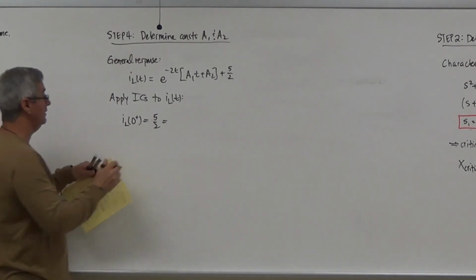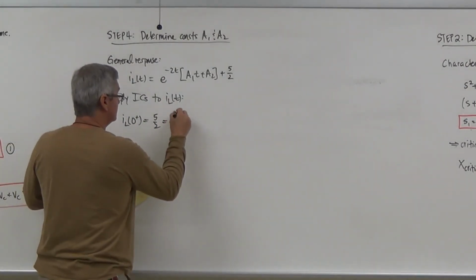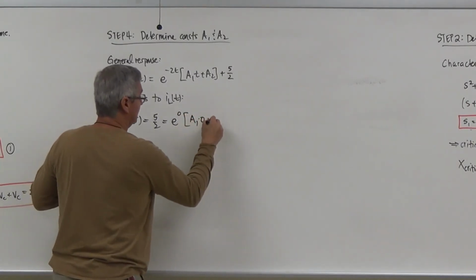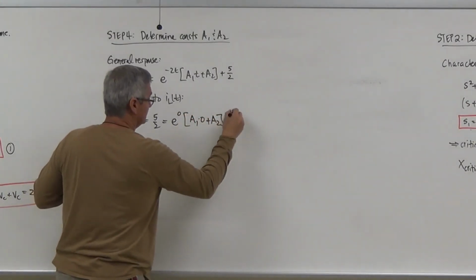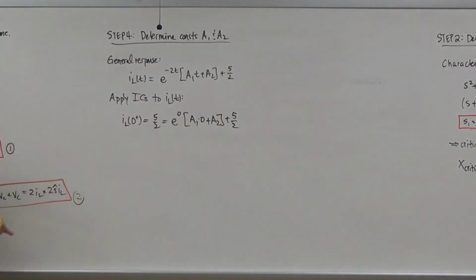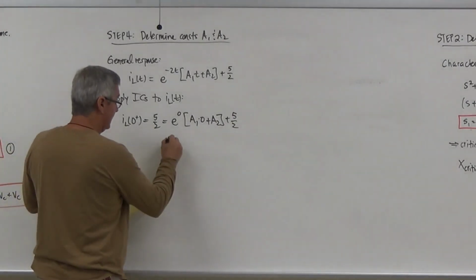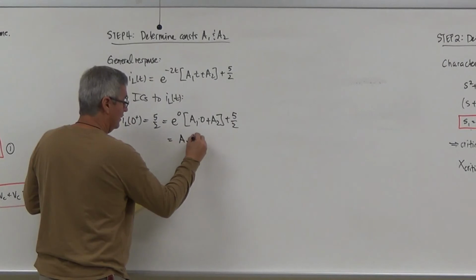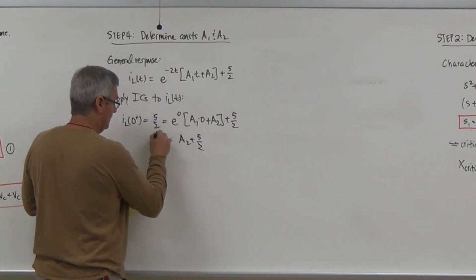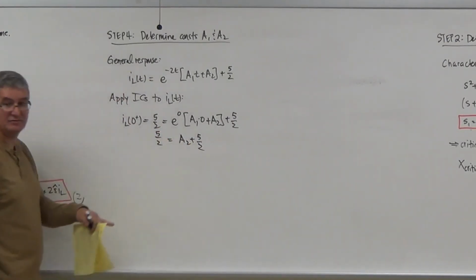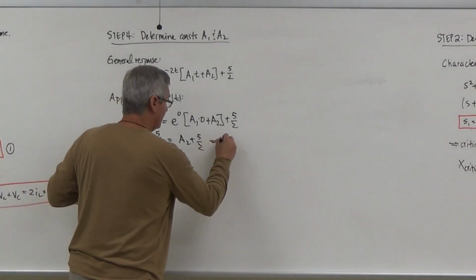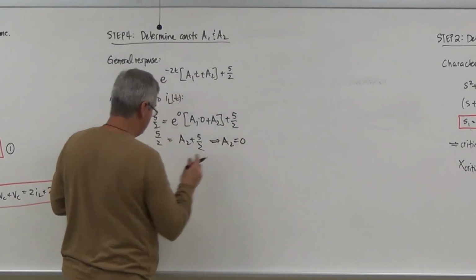I get e to the 0 times the quantity A1 times 0 plus A2, plus 5 halves. This quantity gives me A2. But look, I've got 5 halves on both sides. This immediately tells me that A2 must be 0.